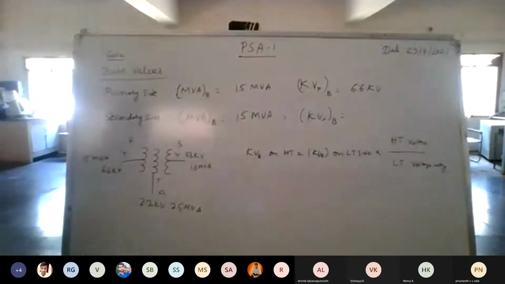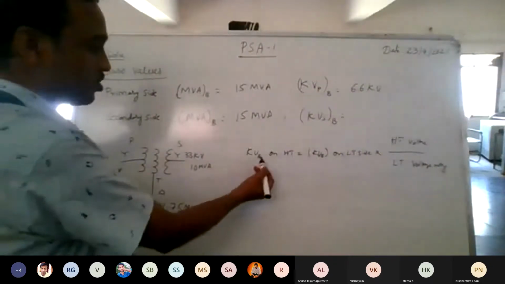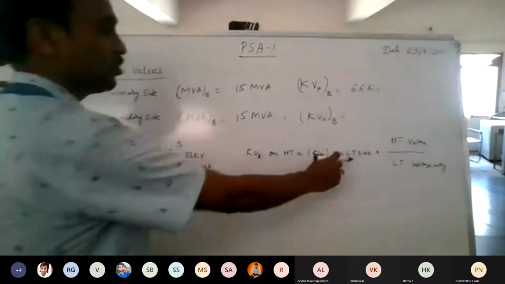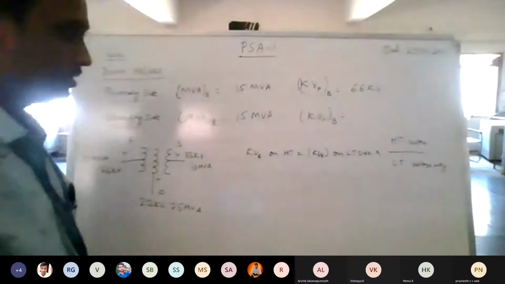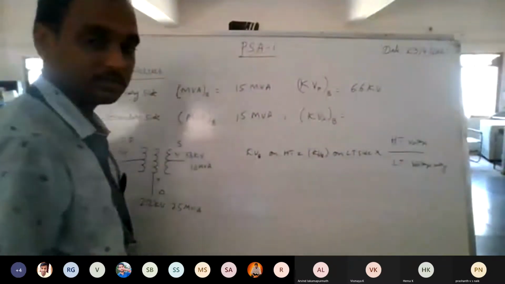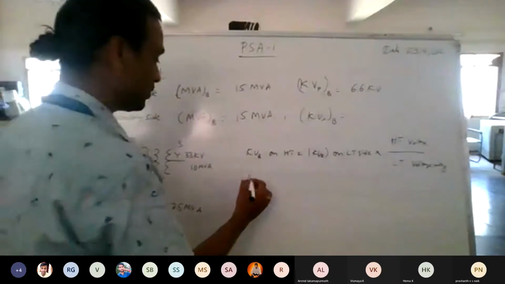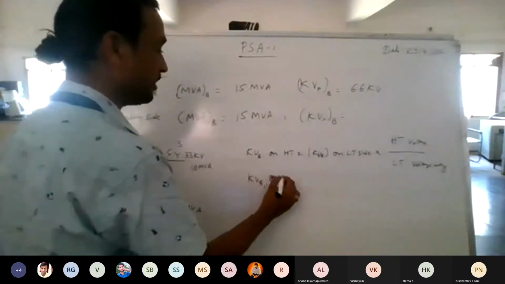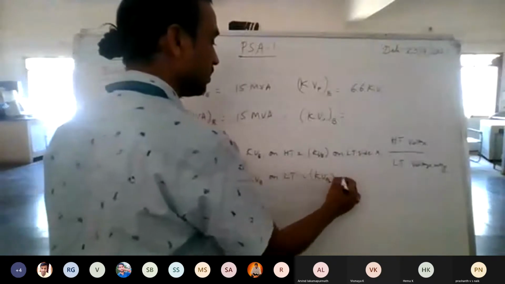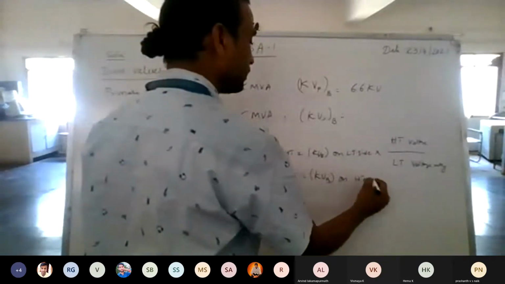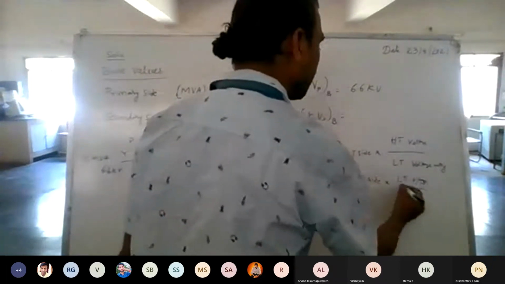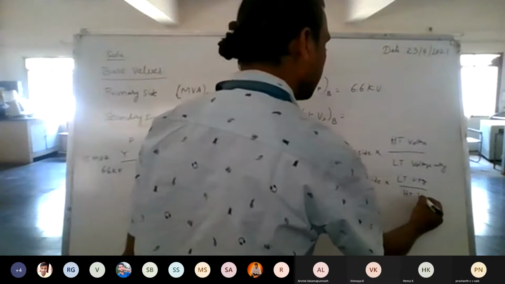This is the equation. If you want to calculate the kV base on the LT side, it is equal to the kV base on the HT side into the LT voltage rating divided by the HT voltage rating.